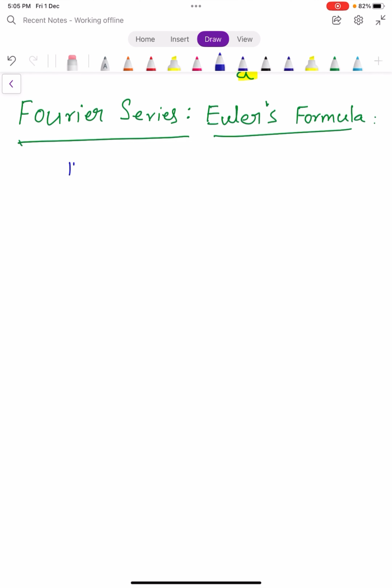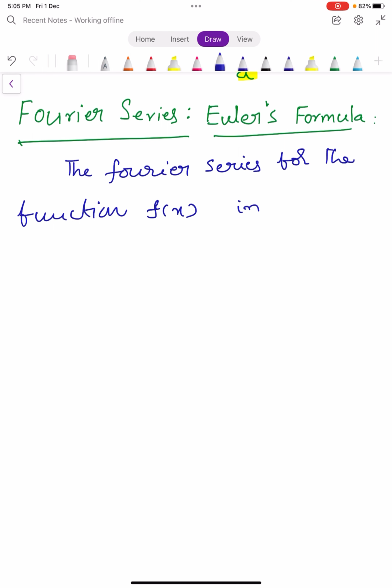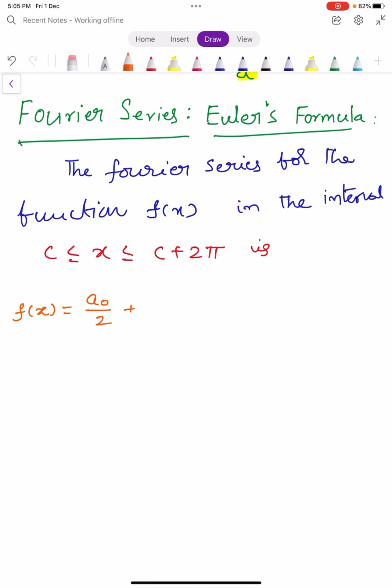The Fourier series for the function f of x in the interval c less than or equal to x less than or equal to c plus 2 pi is given by f of x is equal to a naught by 2 plus summation n equals 1 to infinity of a n cos nx plus b n sin nx.